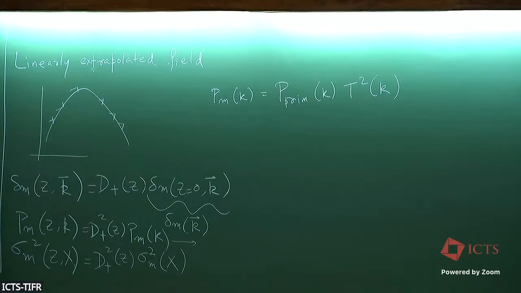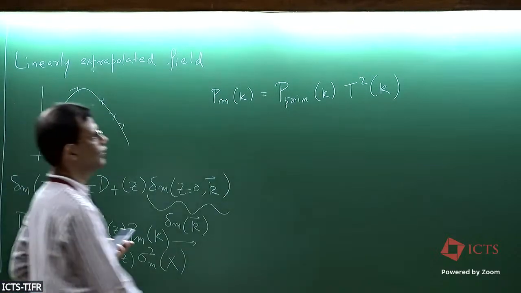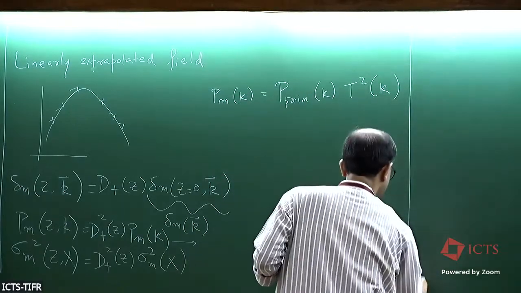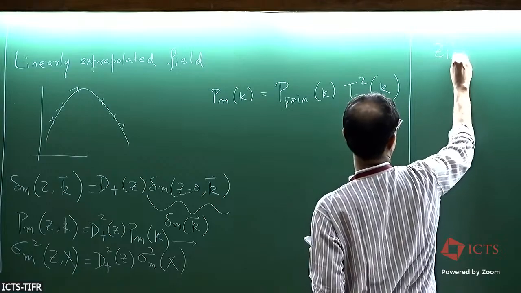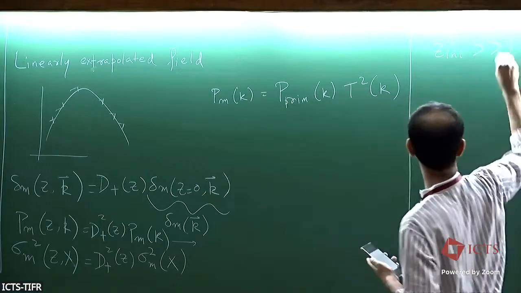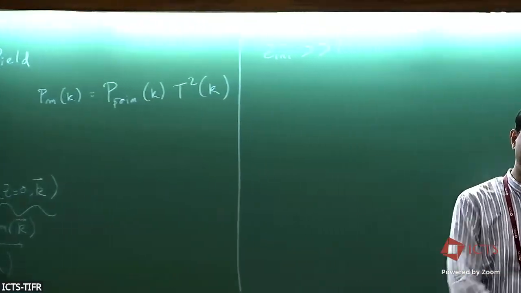Now we are in a place to talk about halos, just using linear theory, spherical collapse and Gaussian random fields. So let us see how it works. Let's be quantitative once more. Let us imagine that I am at some very early redshift, let's call it z initial, which is much larger than 1, where things are guaranteed to be linear.